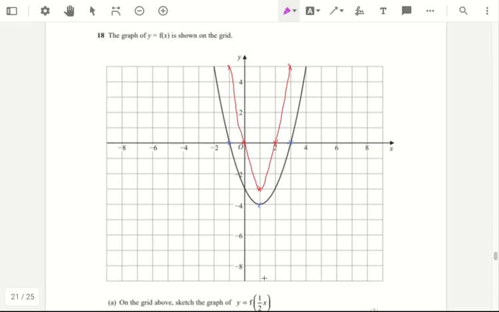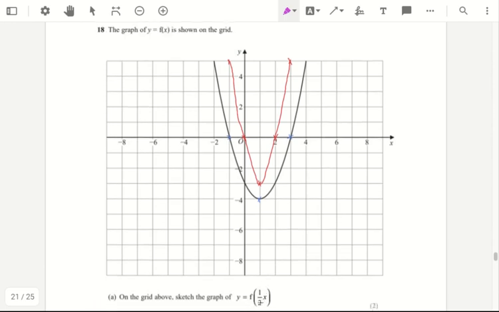You can see that the x value has become, instead of x, half x. So from this, you should see that it is a shrink. The curve shrinks. Okay, it becomes smaller, right?